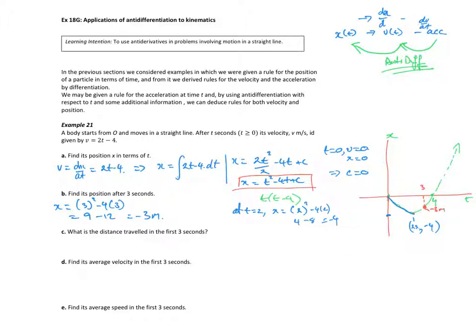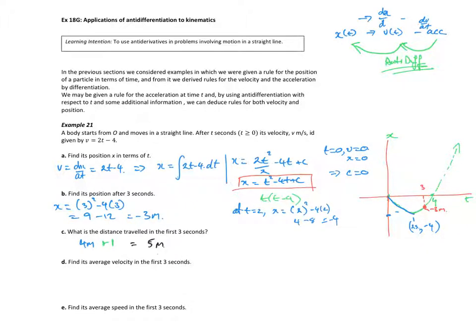So if we think about it, the total distance travelled is the blue section of the line here, which is 4 meters, plus this green section of the line here, which went from negative 4 to negative 3, which was 1 meter. So the total distance we travelled was 5 meters in those first 3 seconds.